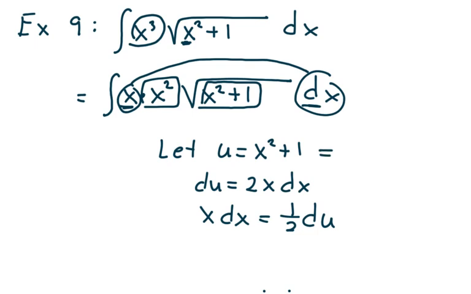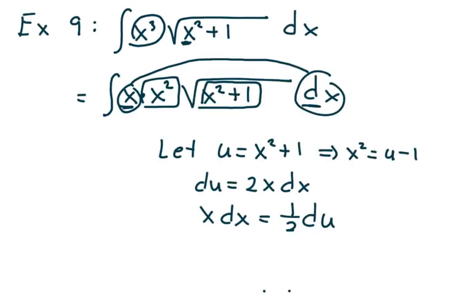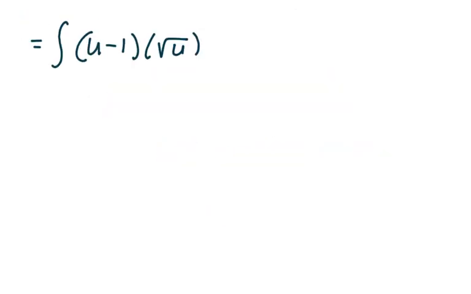But I do know that x squared is u minus 1. So that's good. So I'm going to get the integral of u minus 1 times the square root of u, and then x dx is 1/2 du.